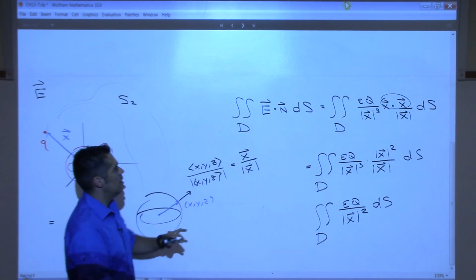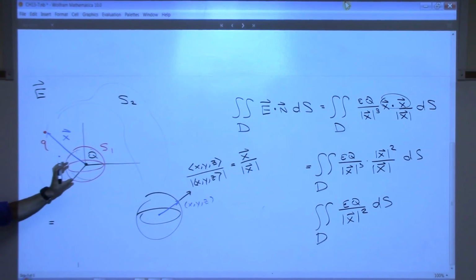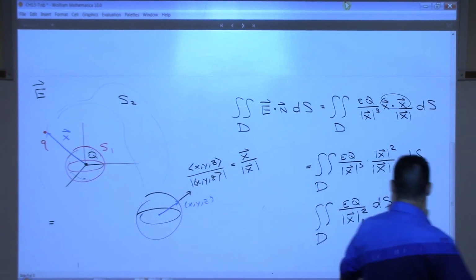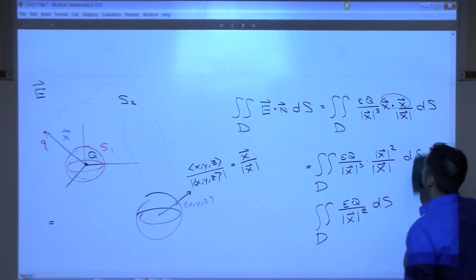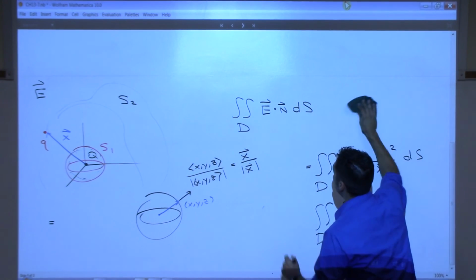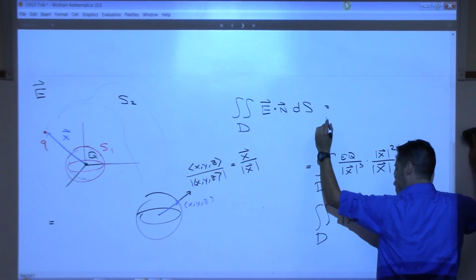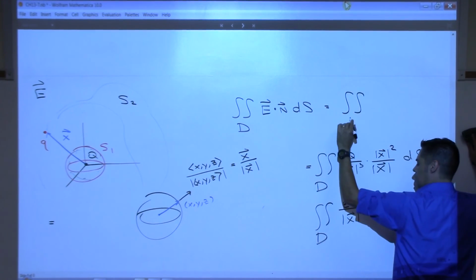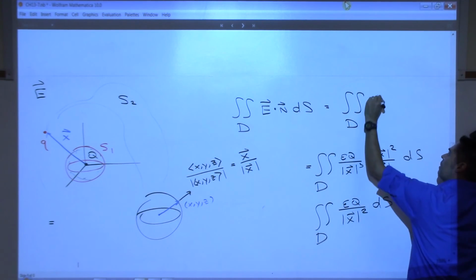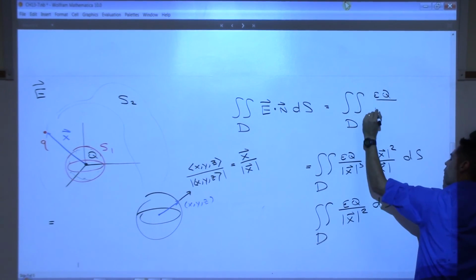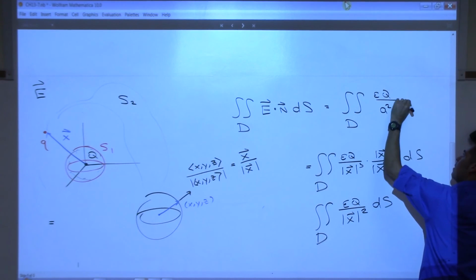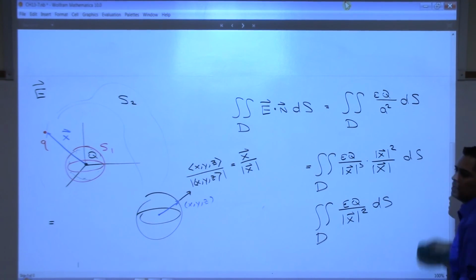Well, I erased S1 a long time ago, but this was a sphere of radius A. So if I take any point on that sphere, it has a distance of magnitude of A. So I can replace this down here with A squared. So here's where I am now. This is equal to double integral over D of EQ over A squared ds.